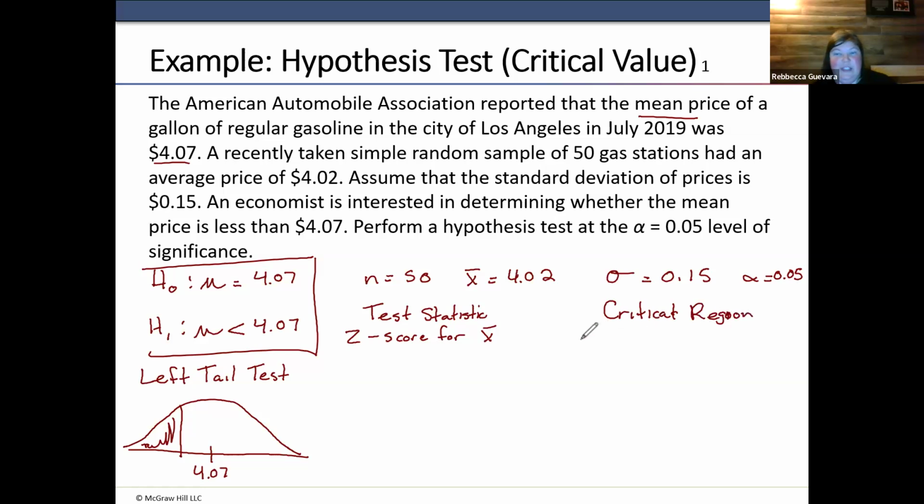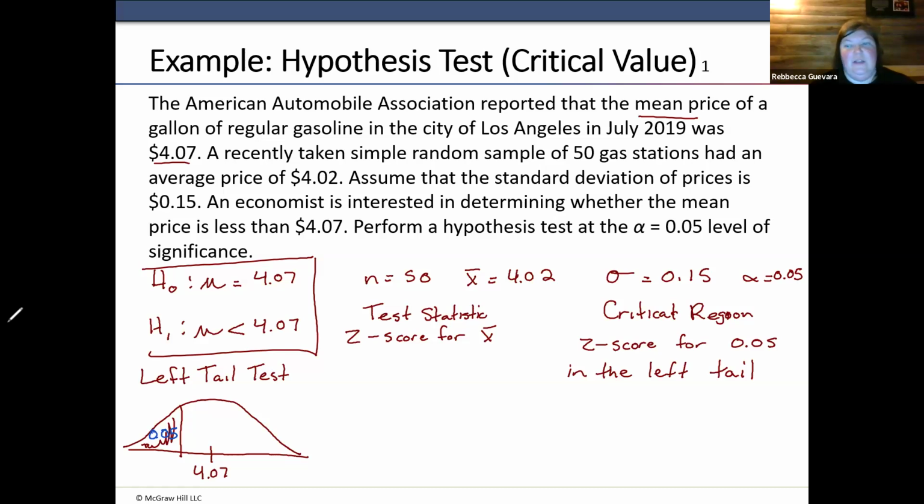Which in that case, that means I need to figure out a z-score for 0.05 in the left tail. So we're saying that this boundary right here, what we expect to be here is 0.05.